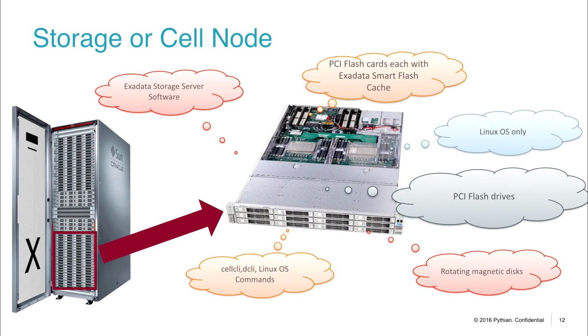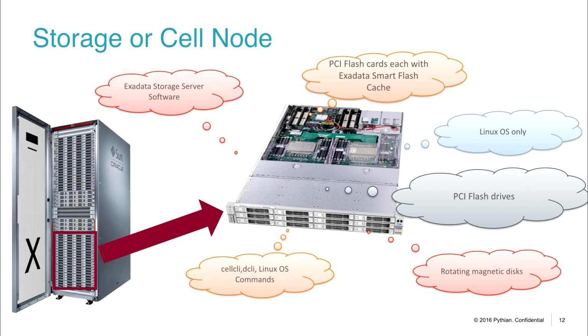Now, when we start to manage an Exadata, this is what is a little bit different, because this is what makes the heart of the Exadata, which is the Exadata storage server software. It has PCI flash cards. Unlike the previous, this is managed only with the Linux operating system.